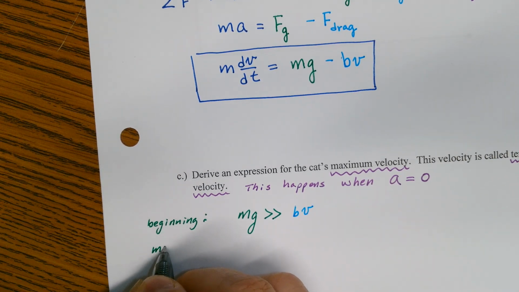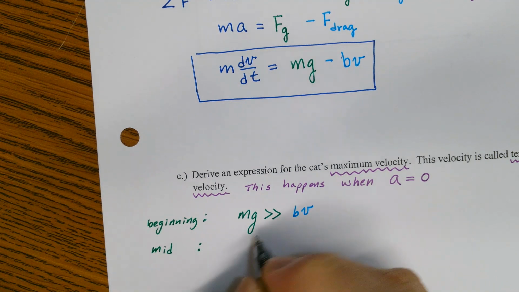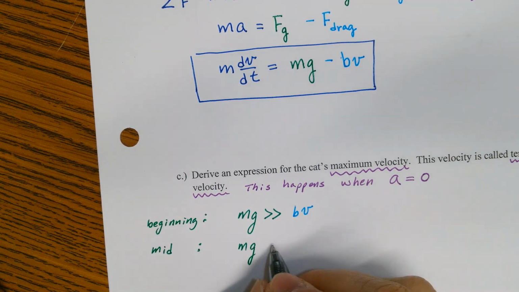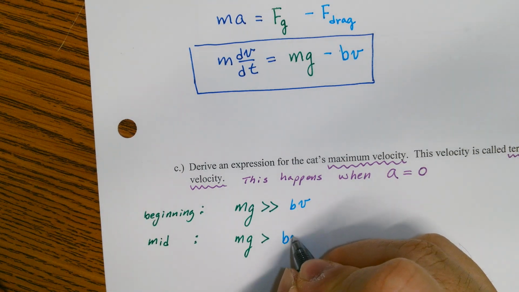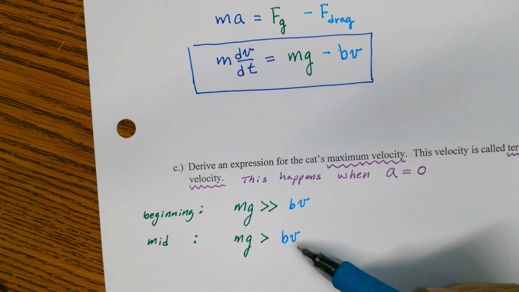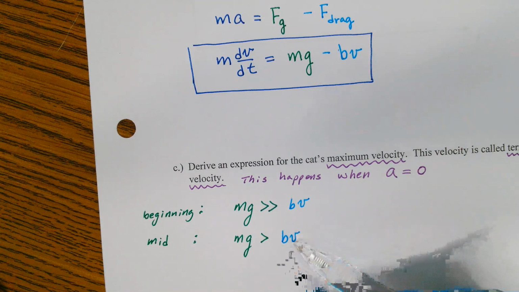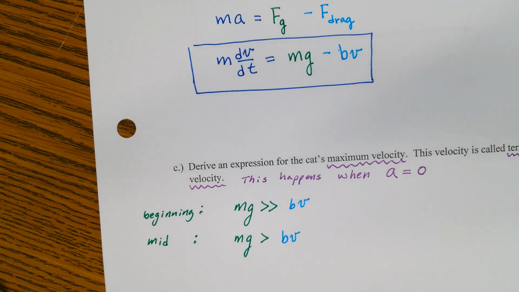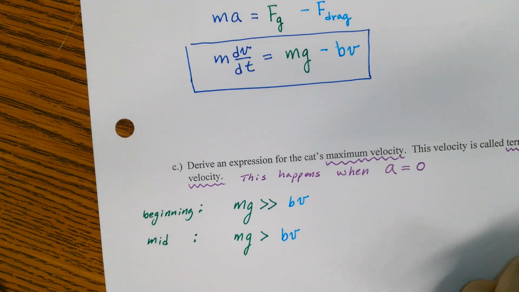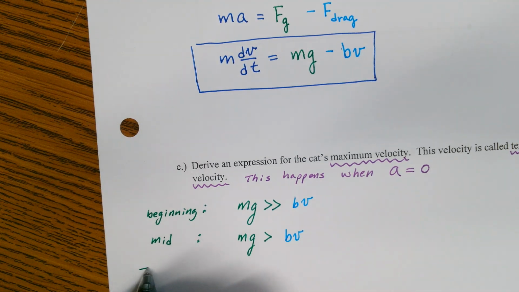In the middle, your cat's weight is still bigger than BV, right? Because now the V is picking up and this BV value is going to get bigger. So your mg is constant, it's going to stay the same. Since BV is catching up, mg is going to be bigger, but not as much as in the beginning. Now the terminal velocity happens.